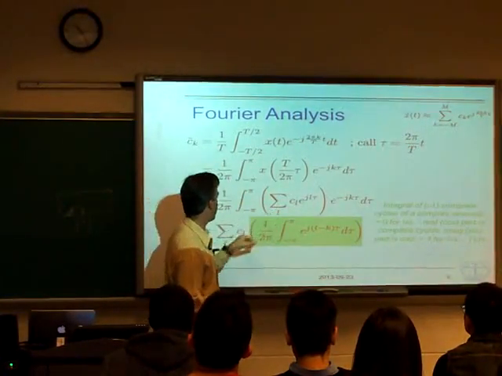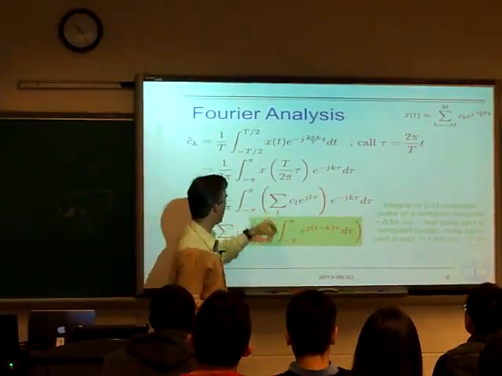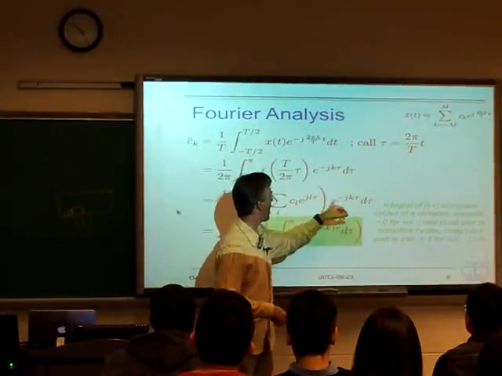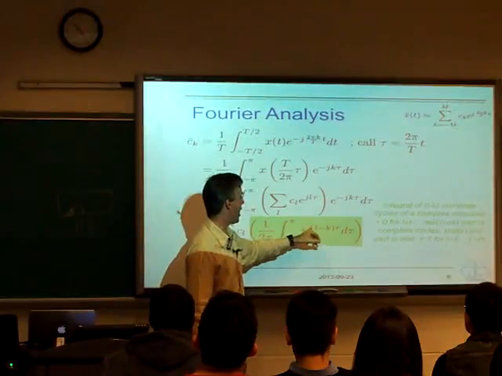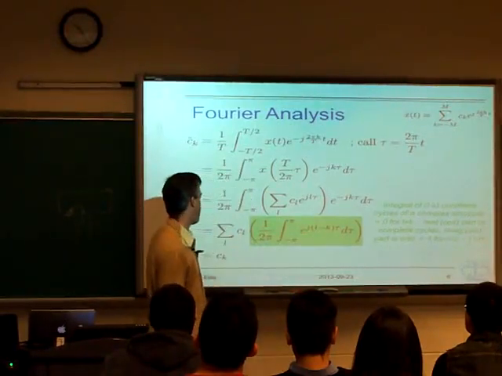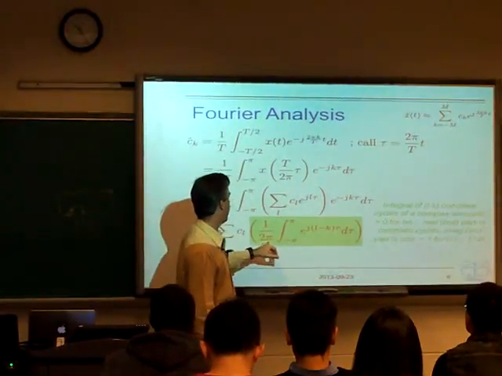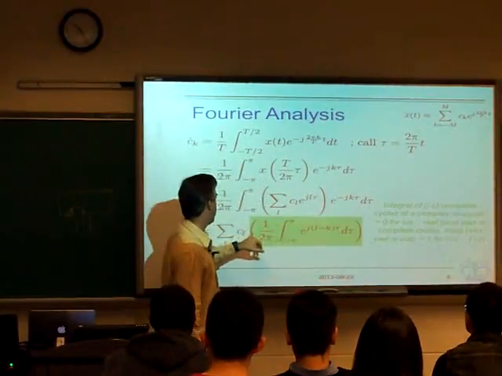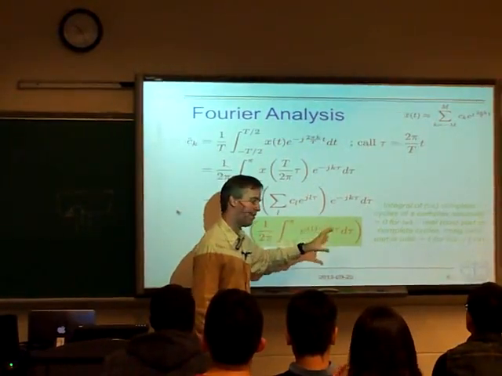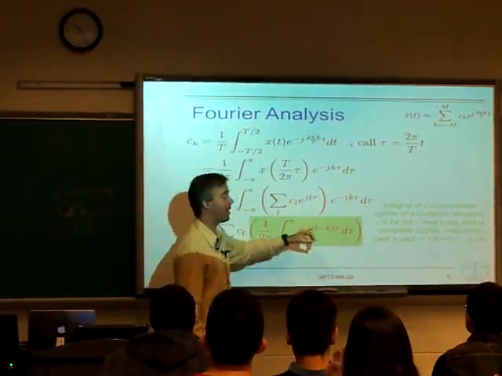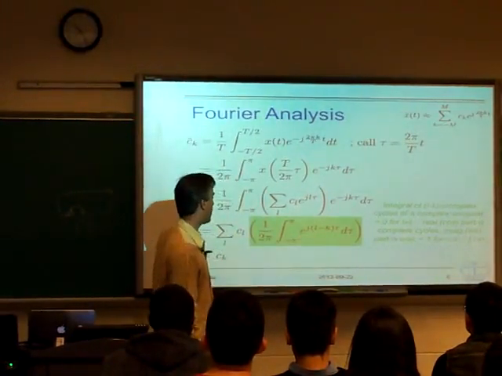So we can take the sum over c_L here, and we just get this integral of e to the j L tau times e to the minus j k tau, which we can combine to be e to the j (L minus k) tau. And this is the thing that we want to be 0 for L minus k not equal to 0, and 1 for L equal to k, or L minus k equal to 0.